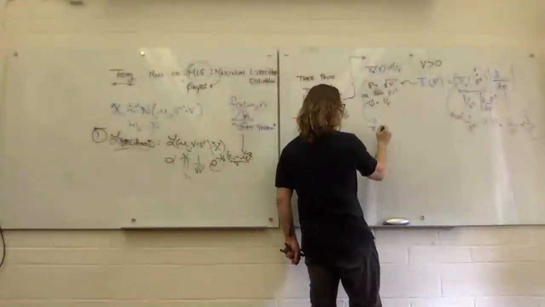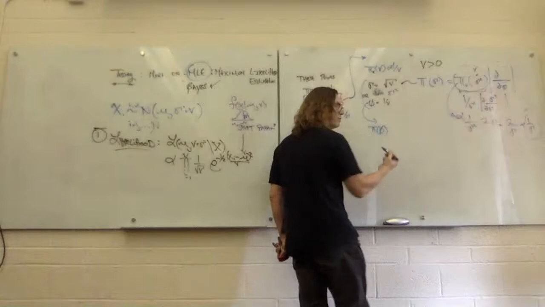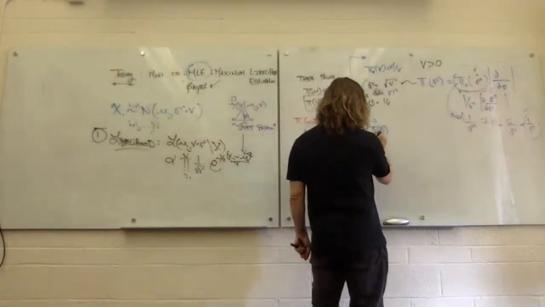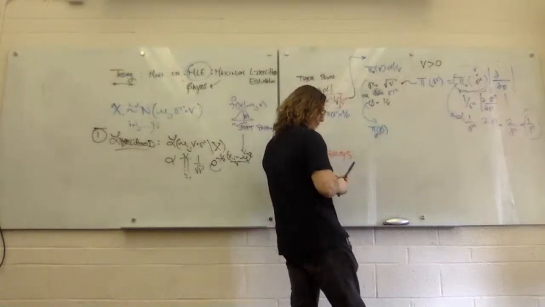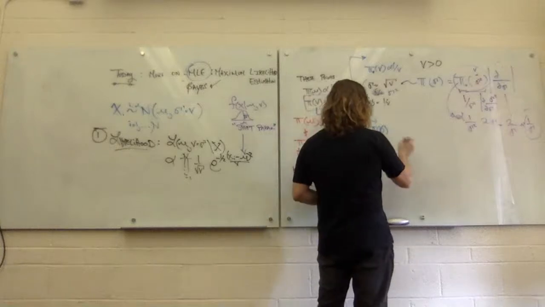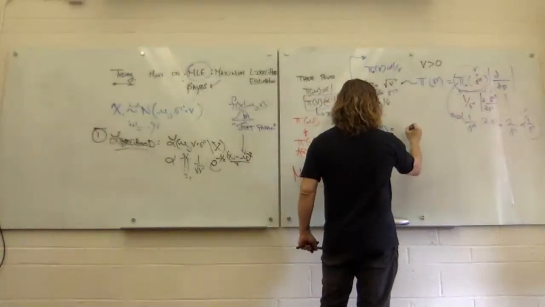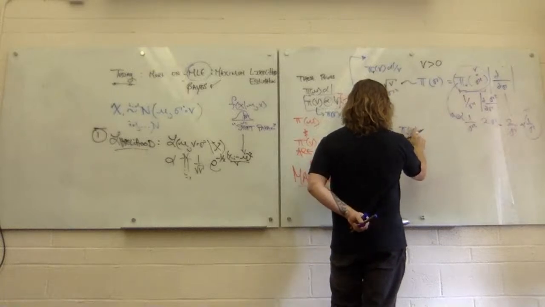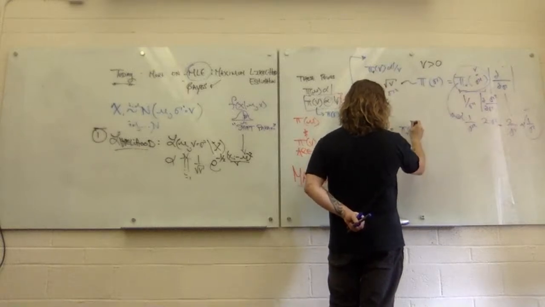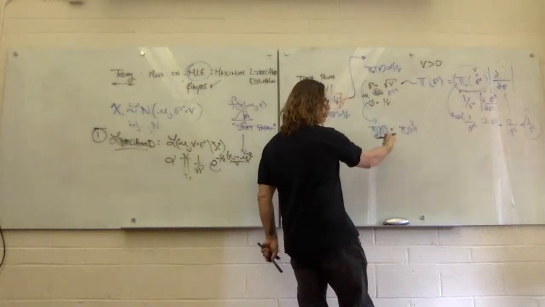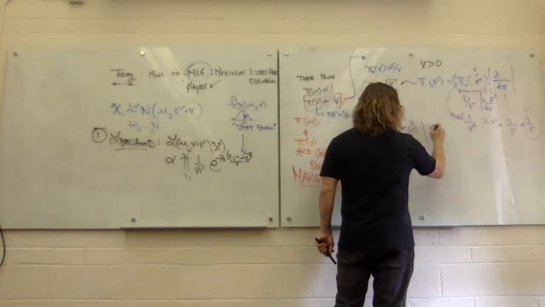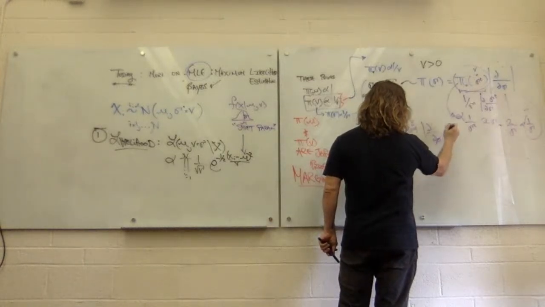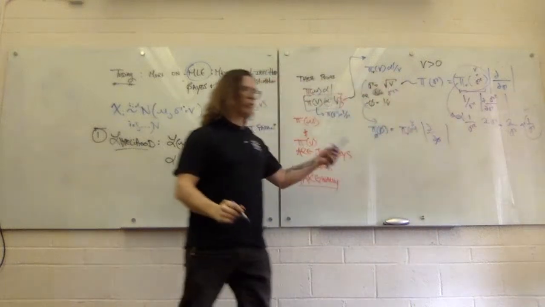So if I want the equivalent prior distribution on phi, so I'll just put phi right there. This is going to be equal to pi v on V, but I'm going to change the name of it to whatever it is in terms of phi, and then I'm going to multiply by my derivative with respect to phi.